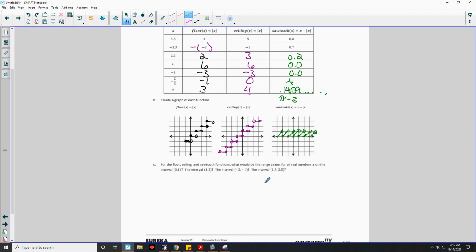Okay. So it says for all three of these, we're going to do each one of these. Okay. So I'm just going to make a table here, and I'm going to say floor, ceiling, and sawtooth.